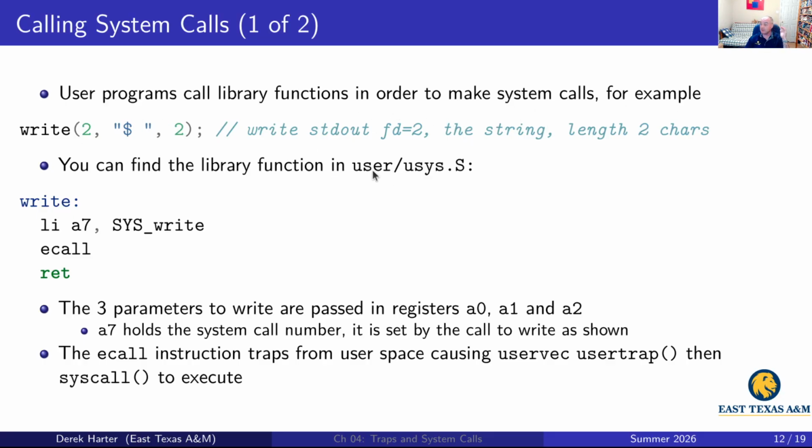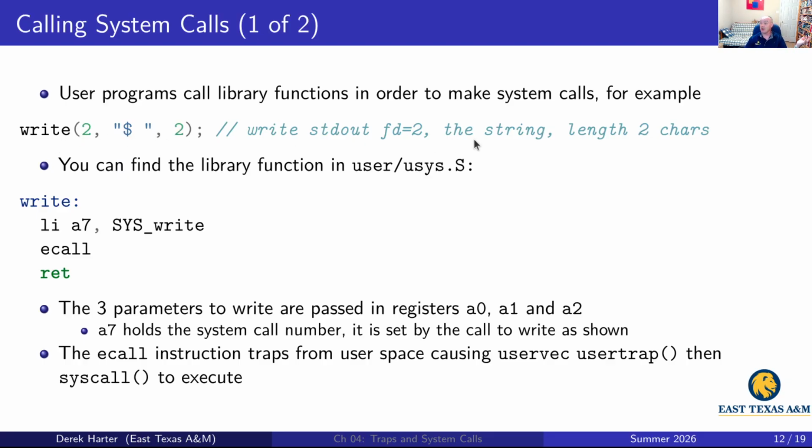So let's look at a user program that calls write. Whenever a system call is made, there's a function in userland, and there's actually some assembly code in userland, which is what this will end up calling.